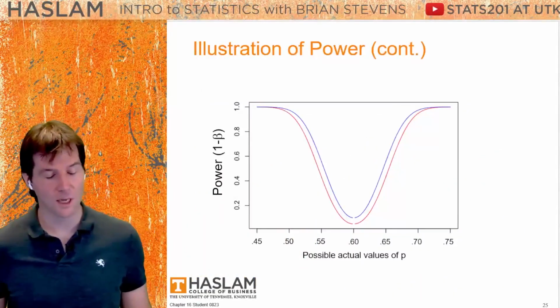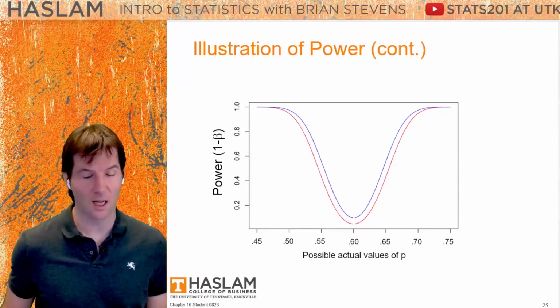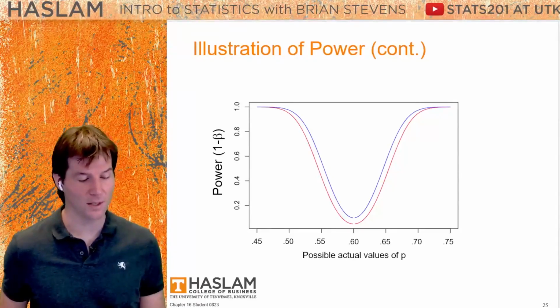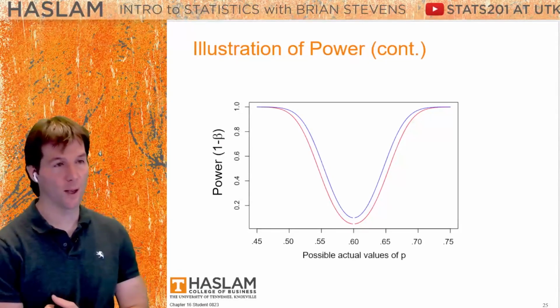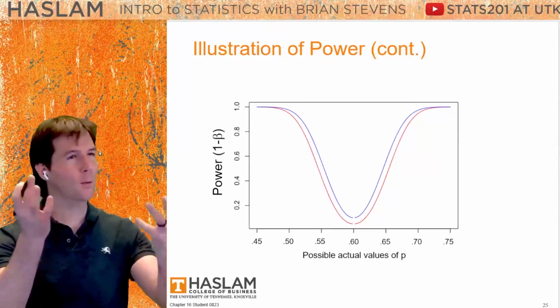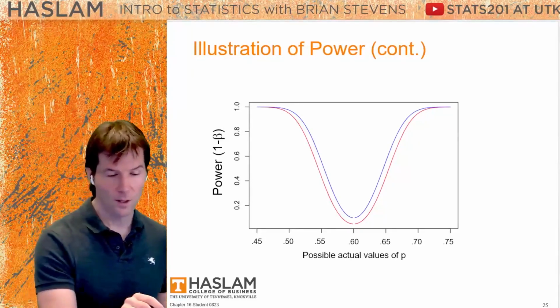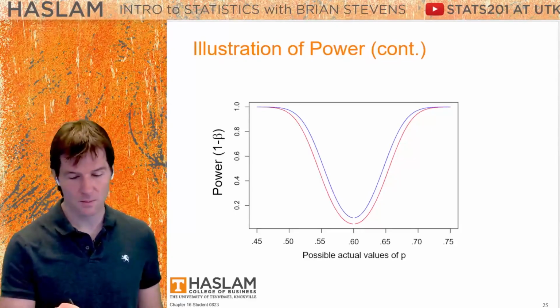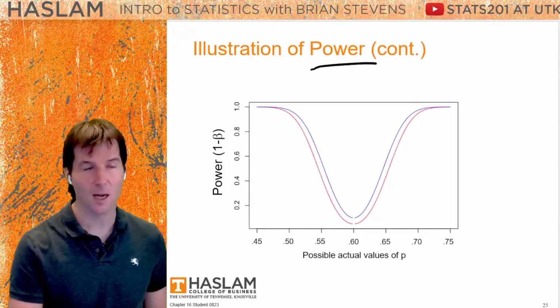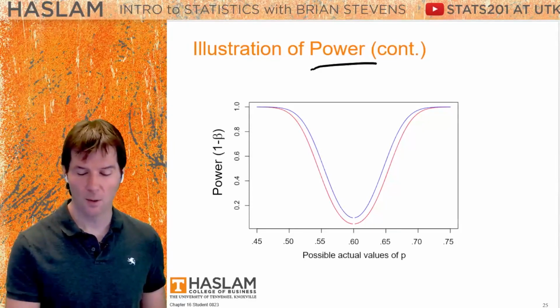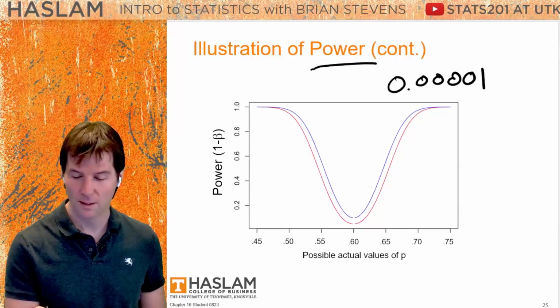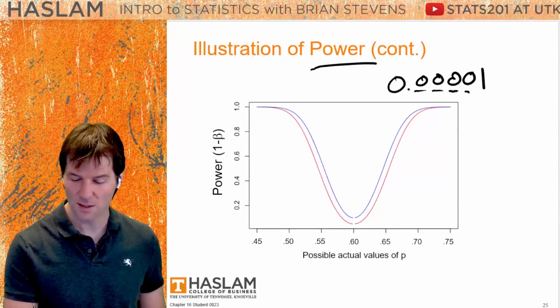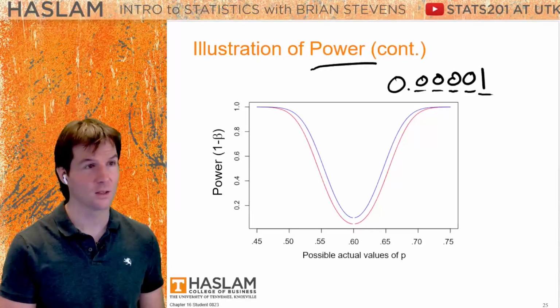If you want to go more in depth on this, there are power calculators online to figure out the exact power for tests, and many different classes will teach you about that and have you figure out the power. You might say, why would I want to figure this out? Well, when you think about what power means, if we calculate power and we get a power of only 0.00001, this would be 10, 100, 1,000, 10,000, 100,000.